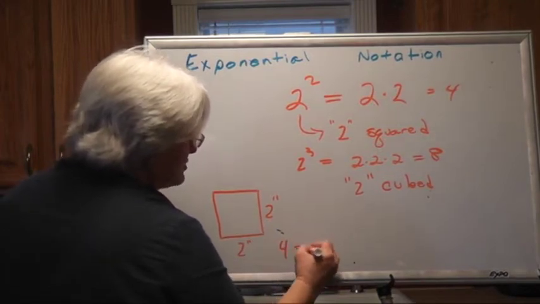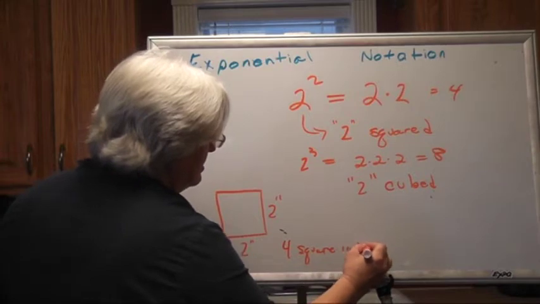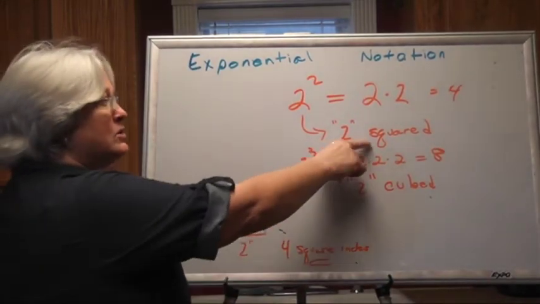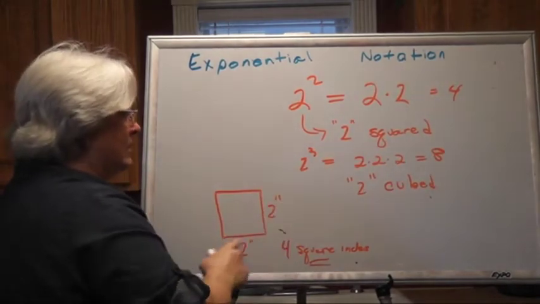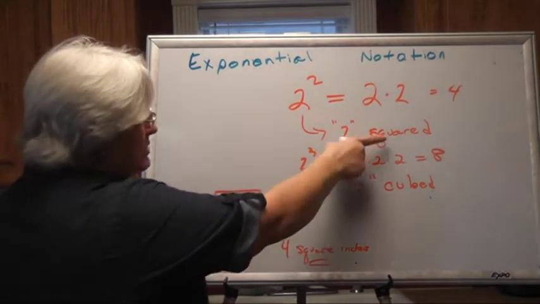Remember that was 4 square inches. Two squared. It's where we get our squared from. It's when you use the same factor twice. It comes back to area, which is based on squares, so it's squared.